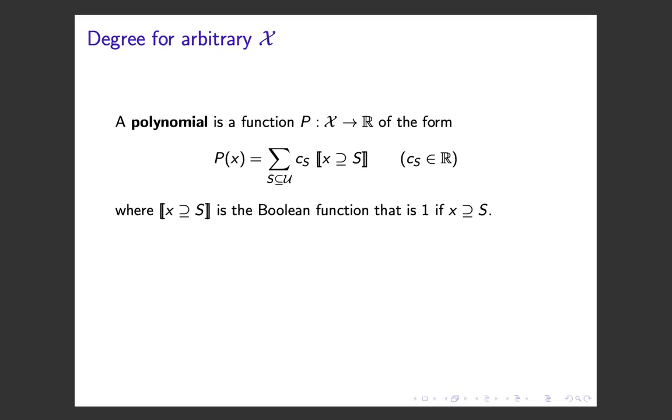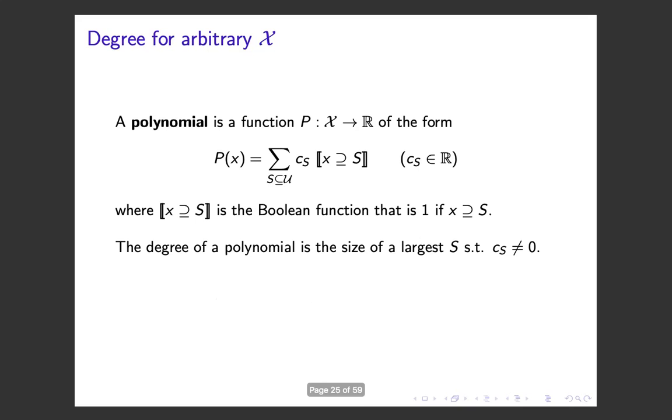Okay, so let's start with degree on arbitrary domains. So we're going to define a polynomial to be the following. And this bracket notation here is just an indicator function where we have a predicate inside the brackets that tells us whether it's a 0 or a 1. Okay, so the degree of a polynomial is the size of a largest s such that its coefficient is not equal to 0.